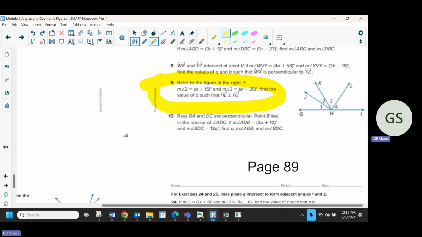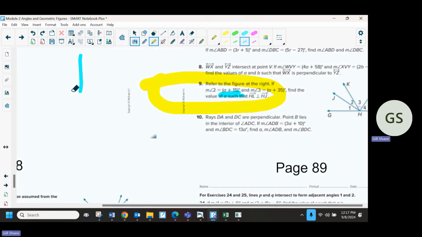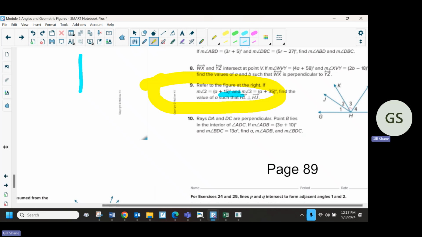If you read through the information, I would go to the picture and try to put it in the picture. First of all, we went over that in class. You need to know that symbol means perpendicular. It kind of looks like it's perpendicular, right?